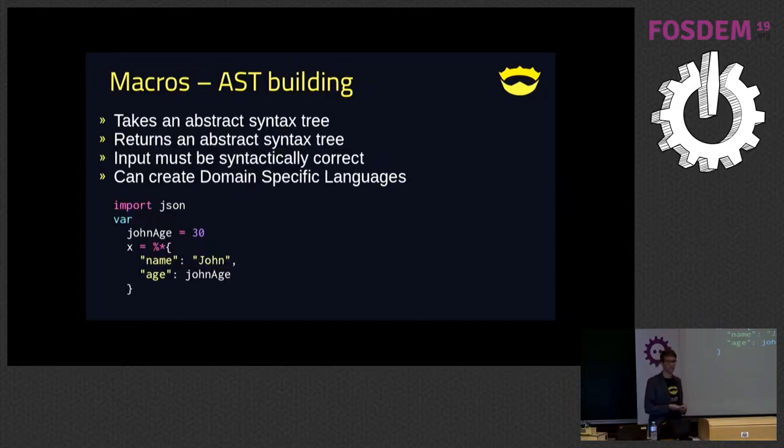And with this, we can do a lot of interesting things. Amongst others, create domain-specific languages. And this is an example from the standard library JSON module. So here we have a simple operator, %*, which takes the input and converts that to a JSON object. And it doesn't convert it to a JSON string.